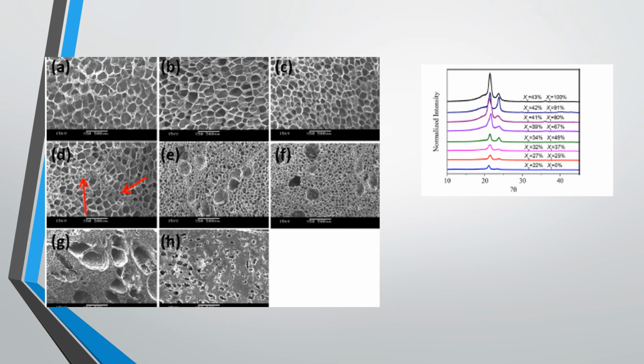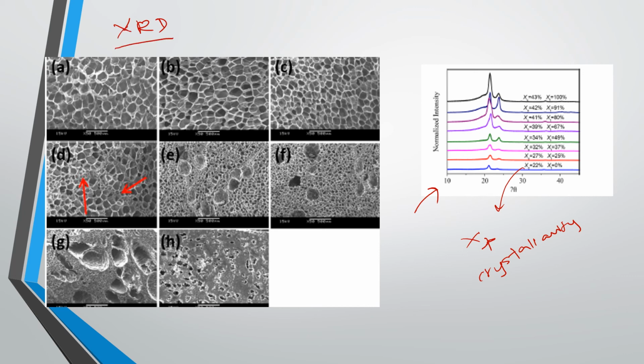And finally, this is figure 9. You can find it in your articles. It actually represents how the crystallinity increases from 22. The Xt represents the crystallinity from XRD. These are actually XRD results.